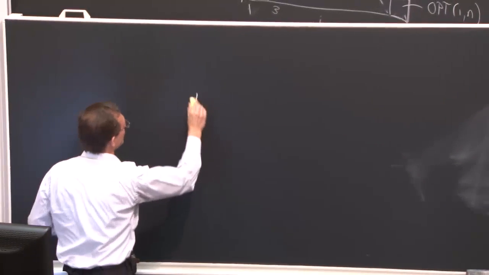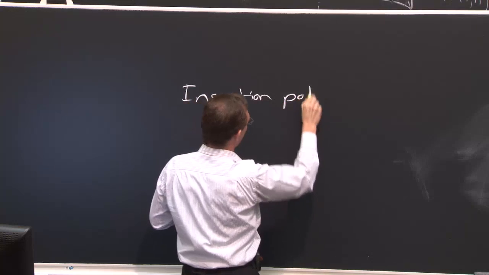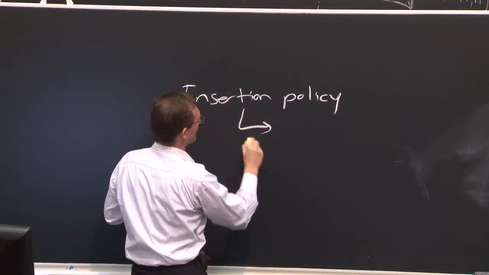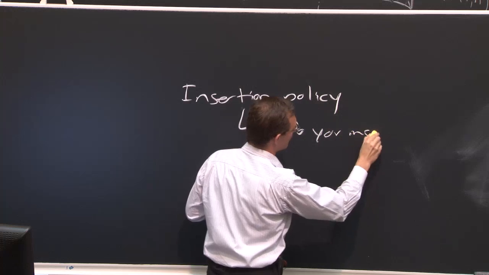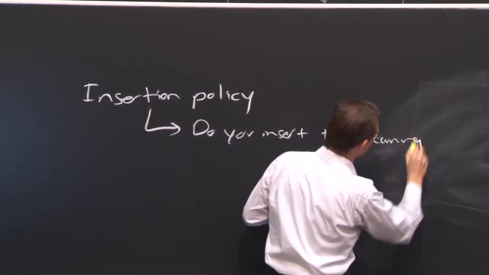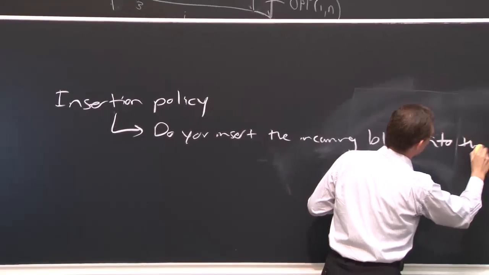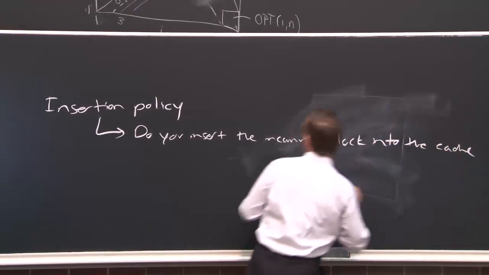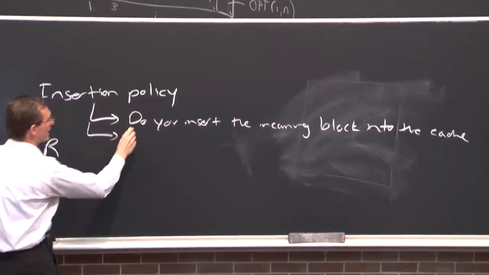Insertion policy will not cover as much. I guess insertion policy: do you insert the incoming block into the cache? And the answer could be yes or no, right? And once you decide to insert, where do you insert?